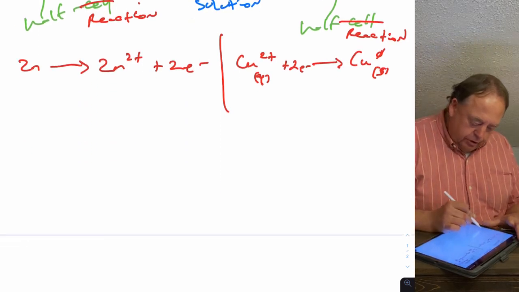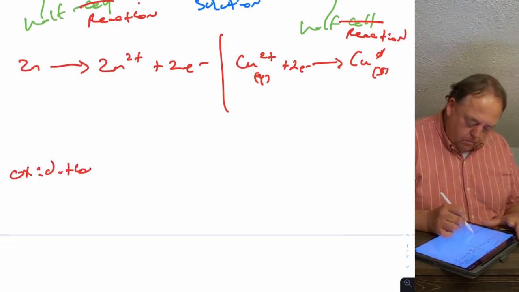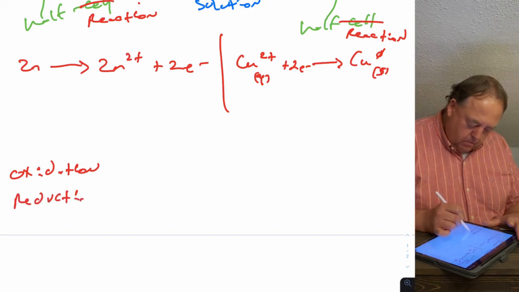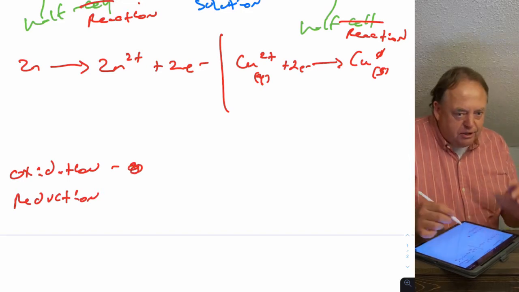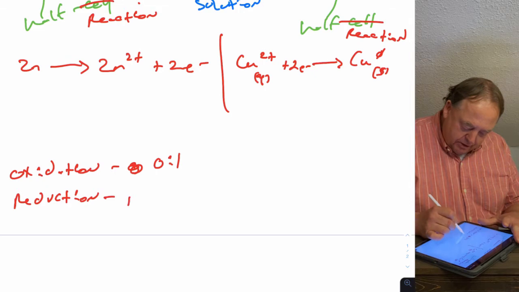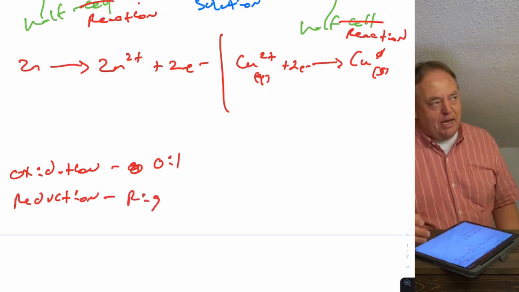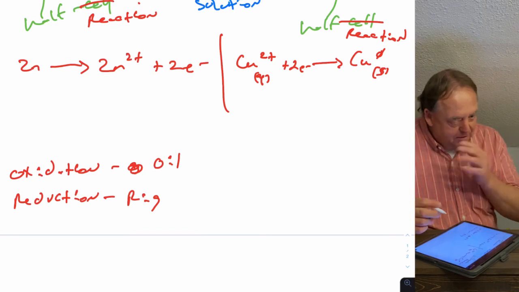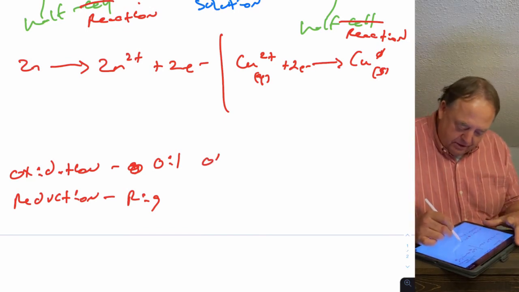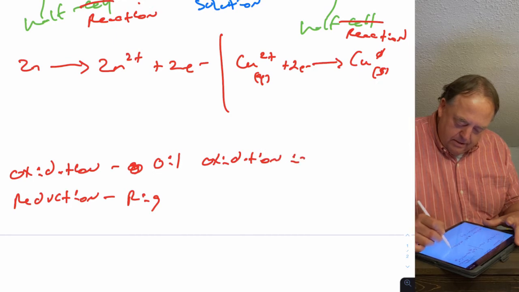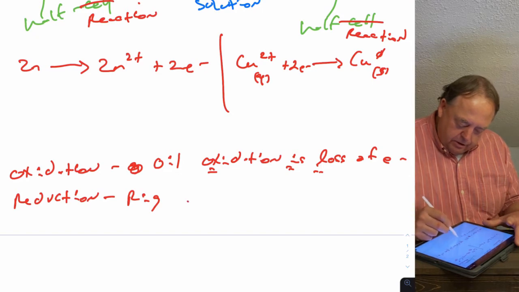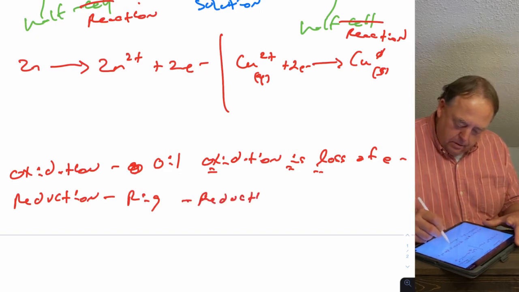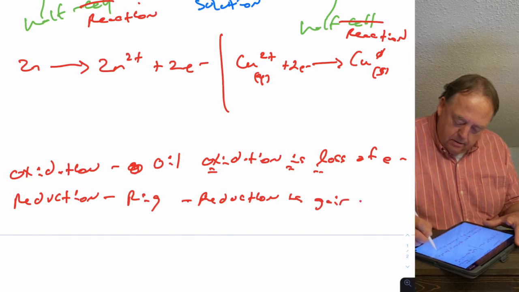Okay, so some terminology you should know. So oxidation and reduction. Oxidation is loss, oh, I always have to remember the acronym so that I remember it myself. So oxidation is loss of electrons, and reduction is gain of electrons, right?